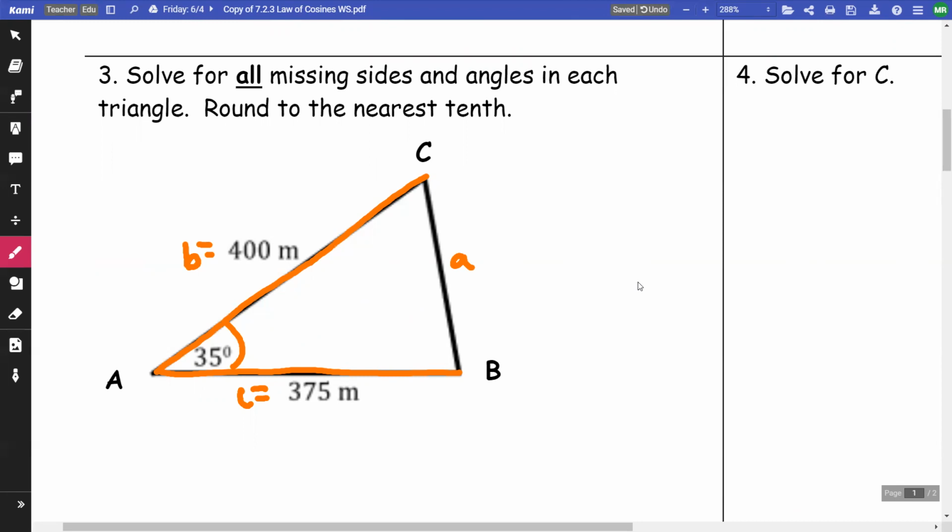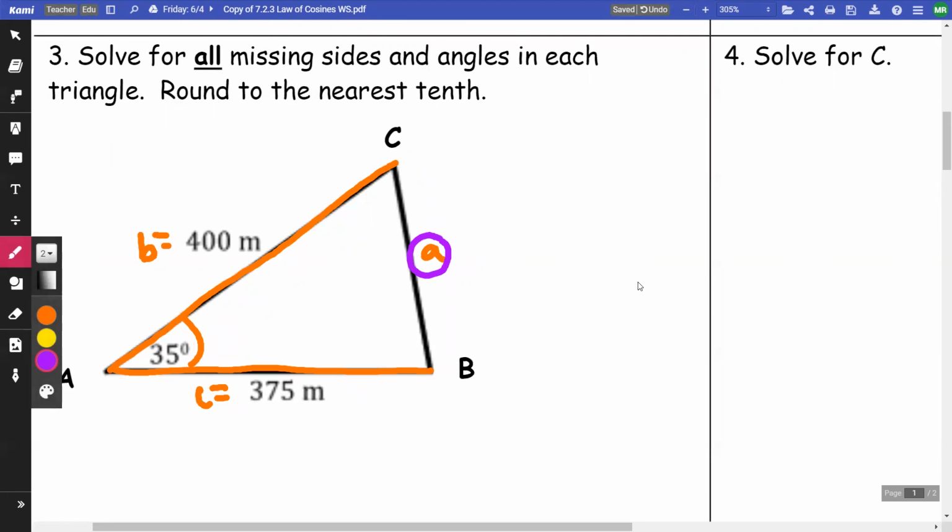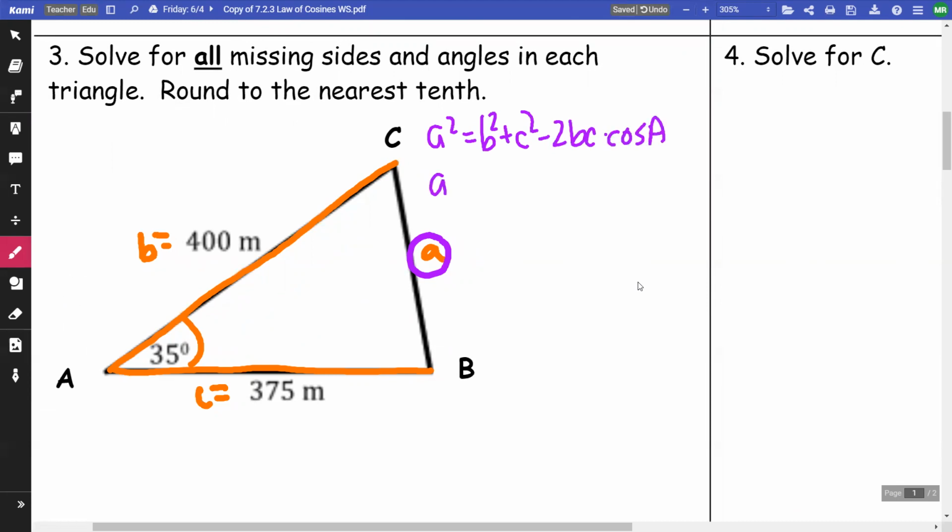So let's see. First thing I'm going to do is find the side across from the angle. So I am going to do a squared. A squared is equal to b squared plus c squared minus 2bc times cosine of A. So I am going to get 400 squared plus 375 squared minus 2 times 400 times 375 times cosine of 35 degrees.